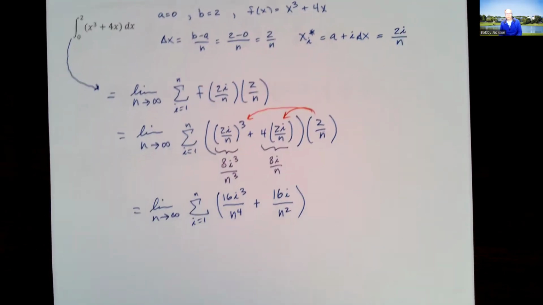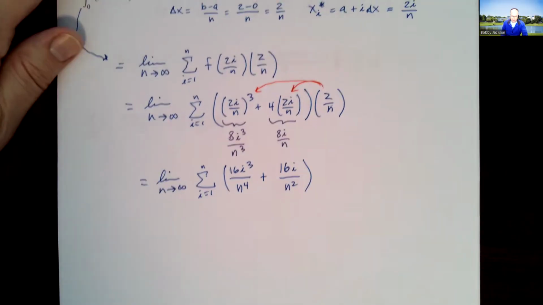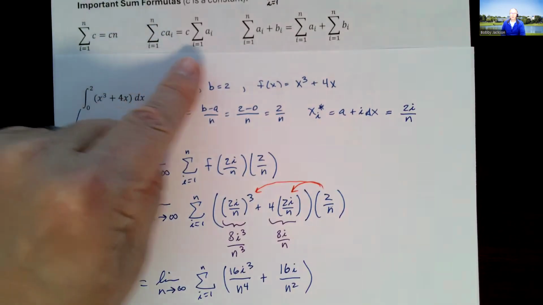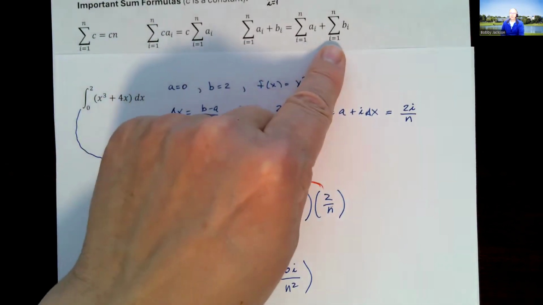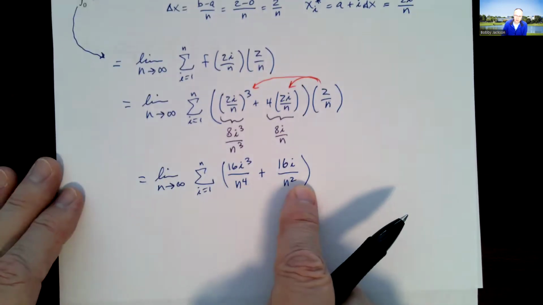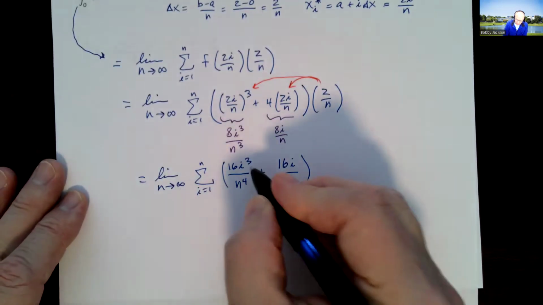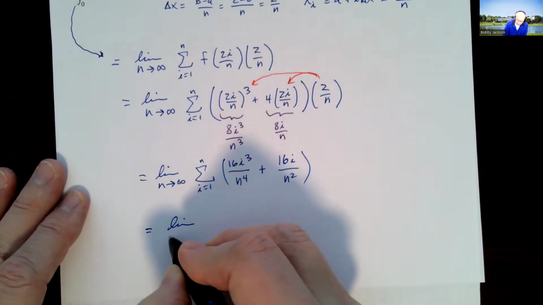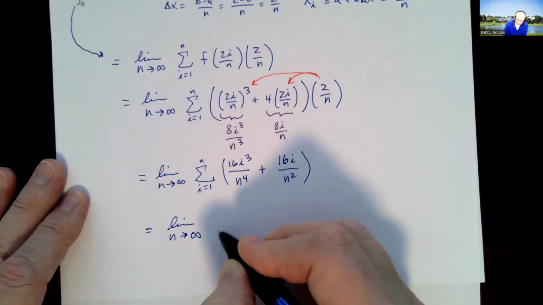So there's the simplification. Now I'll use these linearity rules, so don't forget them. They're right there at the very top. Break it up into individual sums, and then pull out any constant multiple. So I'll have two individual sums. Remember, the constants are anything except for the i, right? i is the variable, the index of summation.